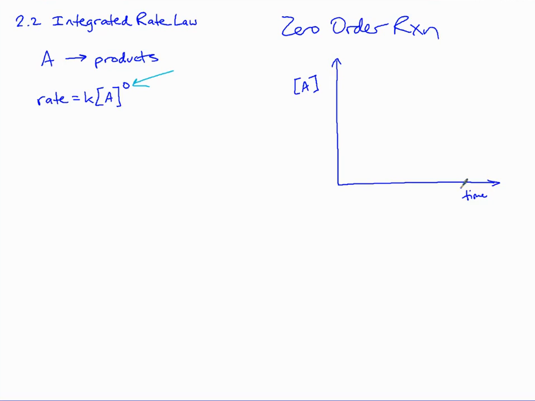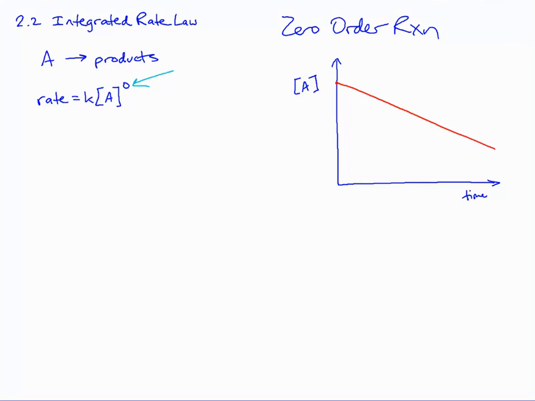Here's what happens in a zero order reaction. Let's say we start with this initial concentration of A. In a concentration versus time graph, it just decreases constantly as time moves on.